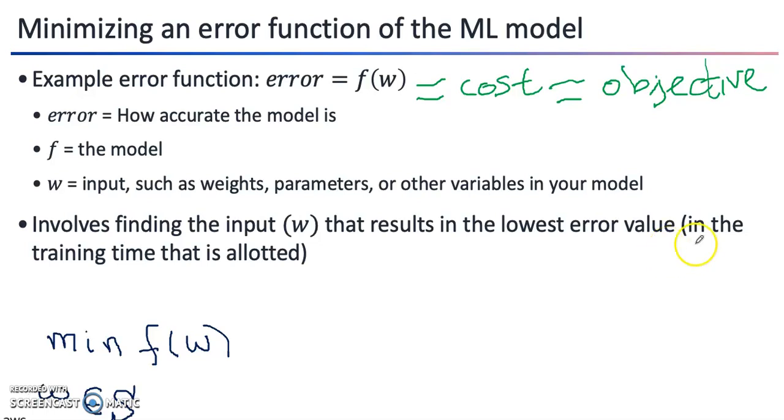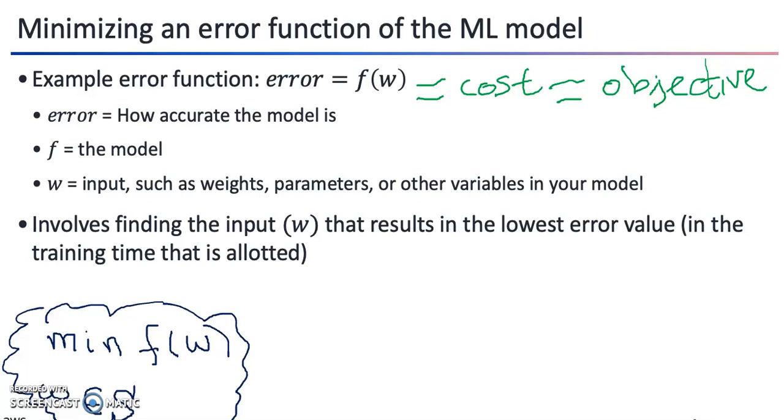So in symbols, we would write something like, we're interested in the minimization of a function f of w. This is the problem we're writing here on the lower left corner of the screen. And the optimal machine learning model would be one that yields the lowest possible error.